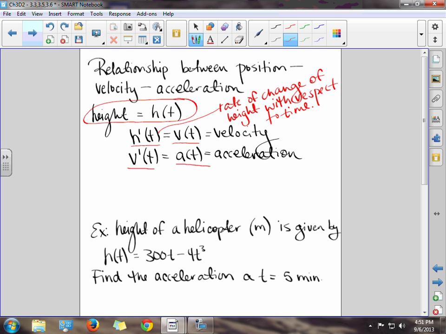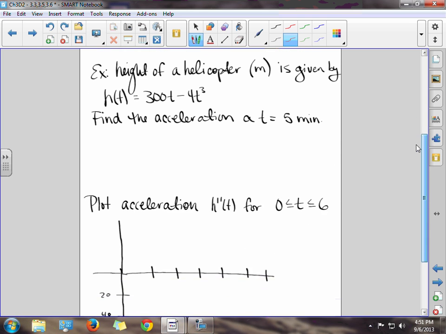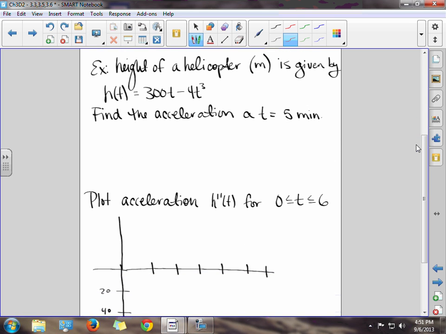So we're going to see how we can apply this. We have an equation that models the height of a helicopter, and we want to find the acceleration at t equal 5 minutes. So we take the first derivative of height because that's my velocity, and this is just going to be 300 minus 12t squared. Now this is velocity, right?